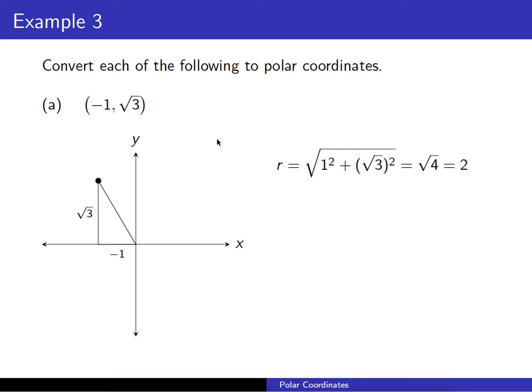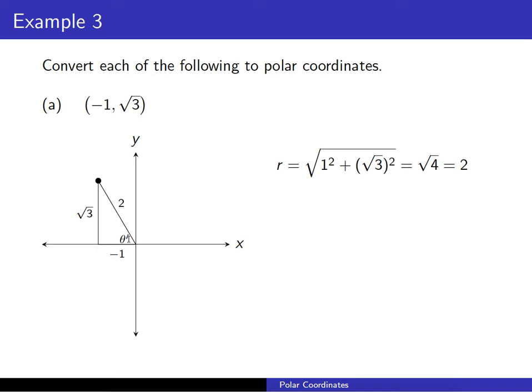So again, in order to avoid any issues with forgetting to put negative numbers in parentheses, I advise you to just ignore them altogether. So 1 squared plus the square root of 3 squared is 4, so taking the square root of 4, we get a radius of 2. Now we want to figure out this angle measure.